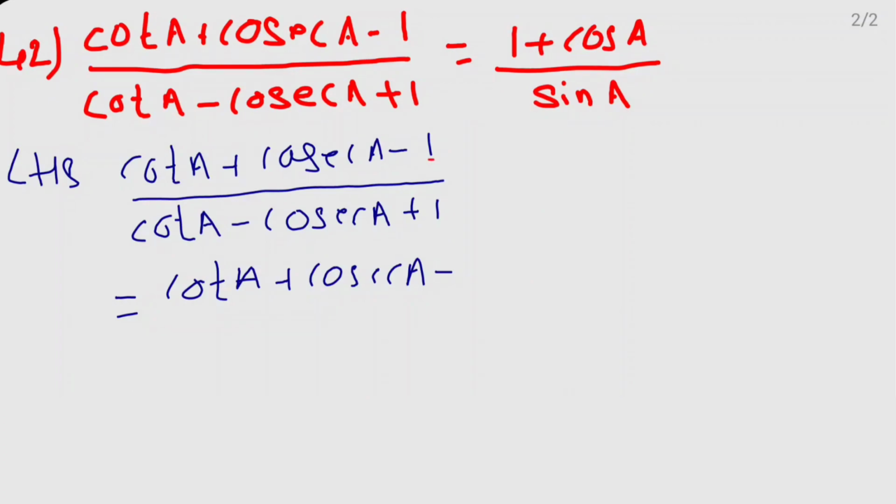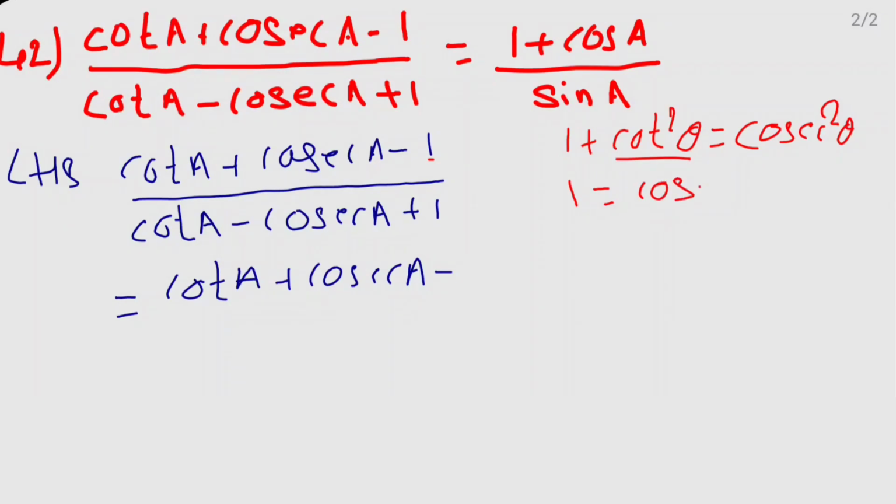So instead of this 1 we can write cosec square A minus cot square A, because we know the identity 1 plus cot square theta equal to cosec square theta. So this cot square theta goes to the RHS side, it becomes a minus. So 1 equal to cosec square theta minus cot square theta.